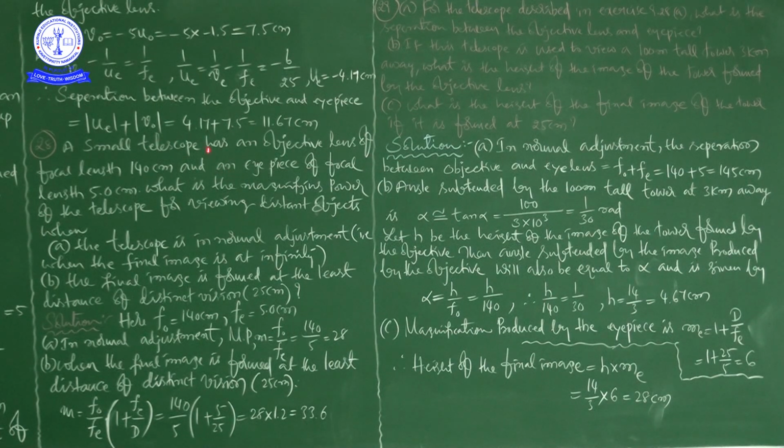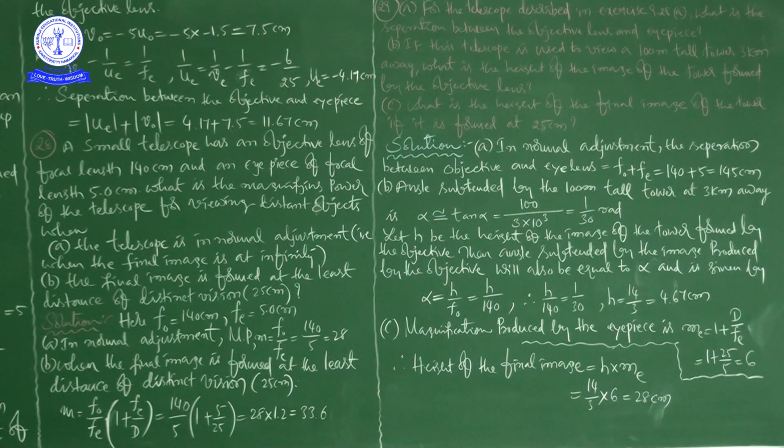Finally, our requirement is to find UE. Because 1 by UE is equal to minus 6 by 25, UE is equal to minus 25 by 6, that is minus 4.17 centimeters. That is the value of UE.